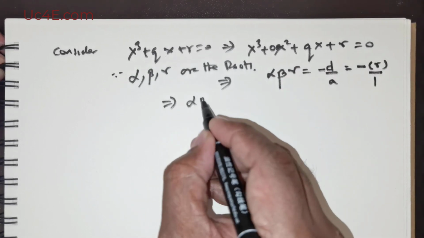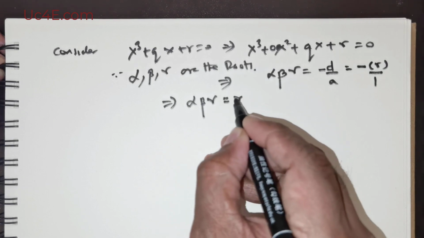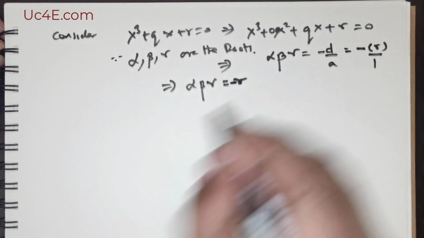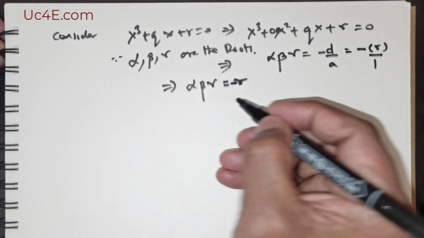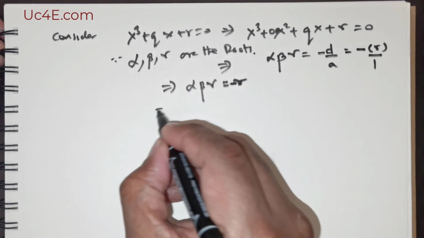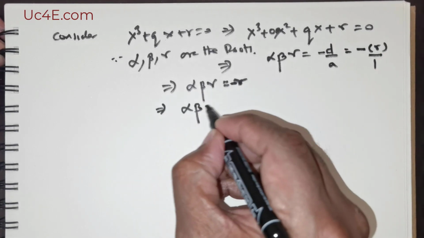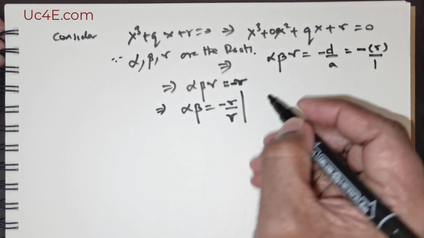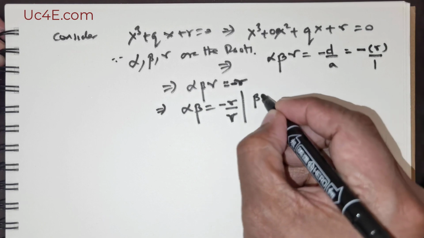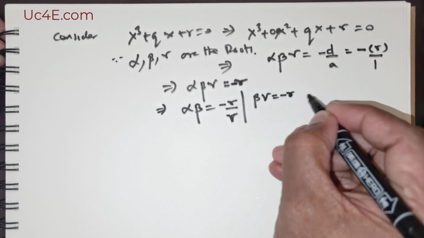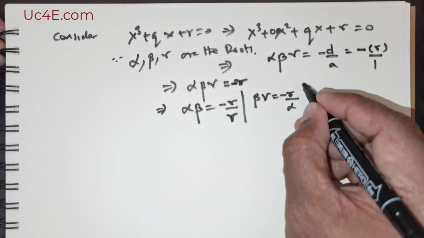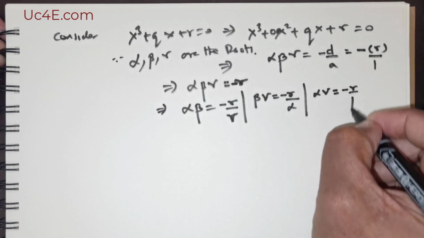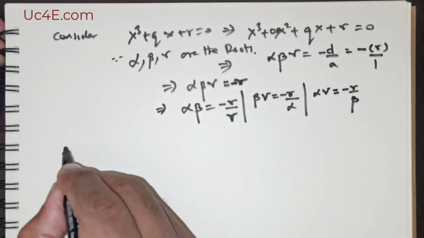So this means alpha beta gamma is equal to negative r, right? Now from here I can rewrite alpha beta to be equal to negative r over gamma, or beta gamma is equal to negative r over alpha, or alpha gamma is equal to negative r over beta, right?